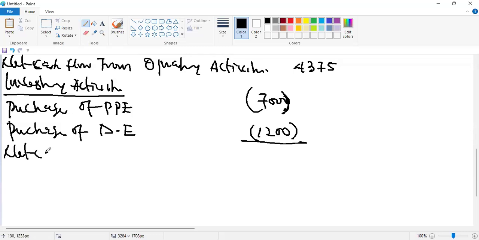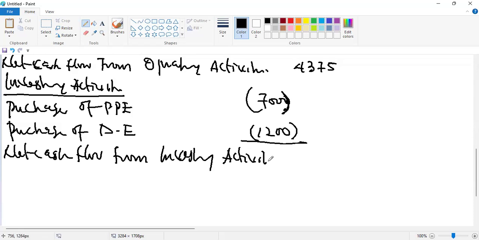Net cash flow from investing. Any issue? Any issue?